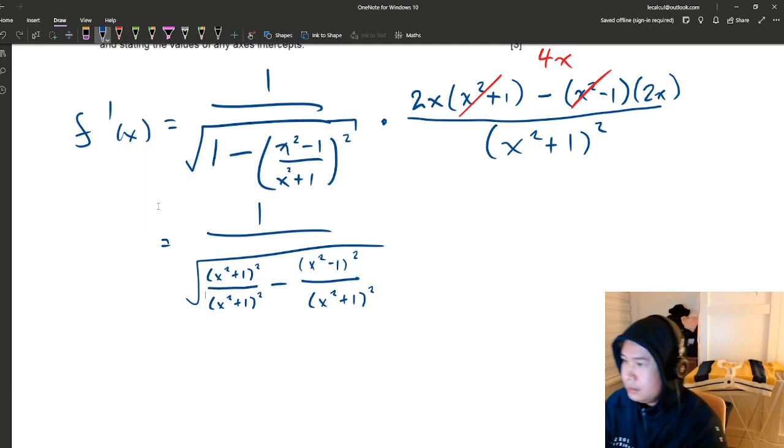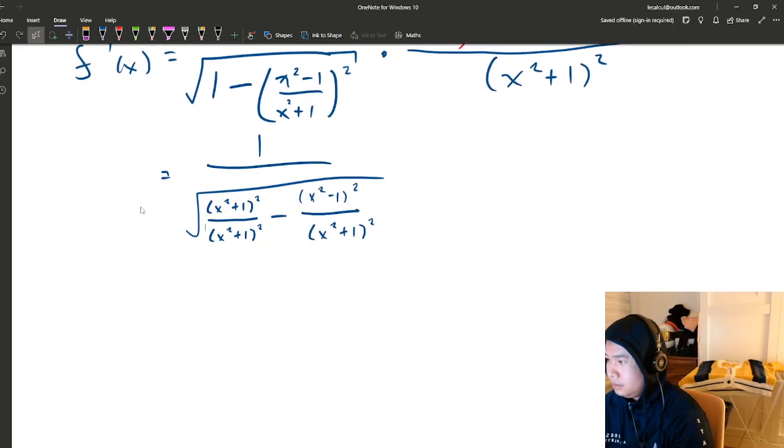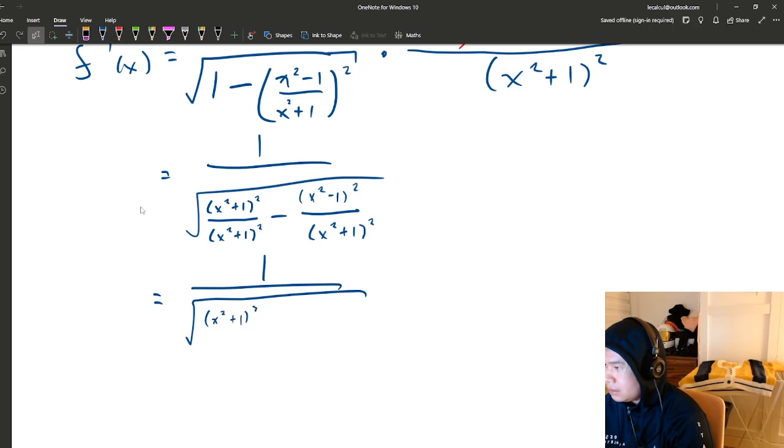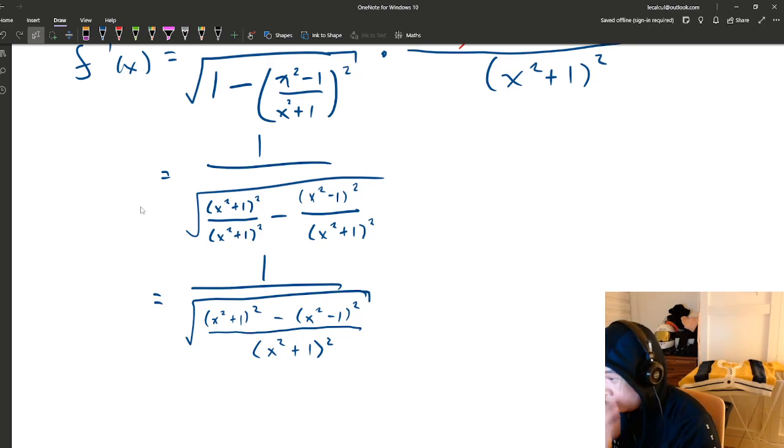So we'll have x squared plus 1 squared minus x squared minus 1 squared over x squared plus 1 squared here.